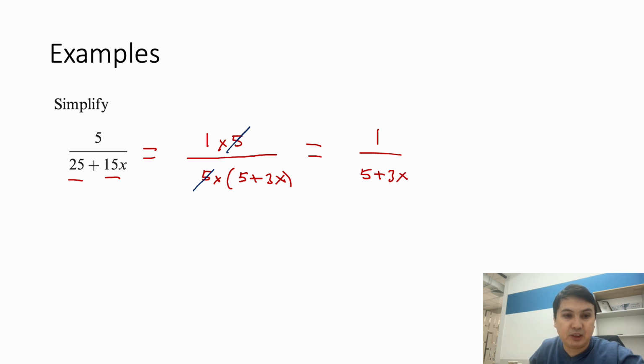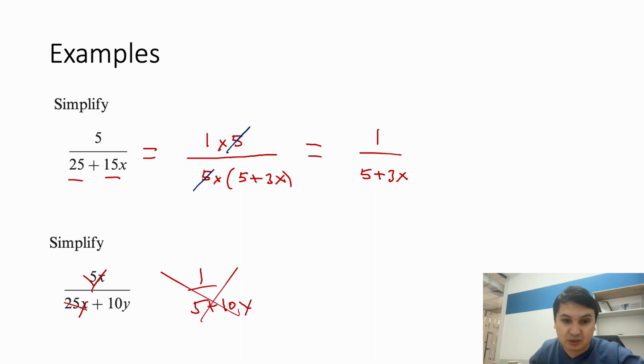Okay, let's do another example. 5x divided by 25x plus 10y. Again, I cannot just cancel those things, and maybe also cancel the 5s, saying 1 times 5 plus 10y. That's not going to work.